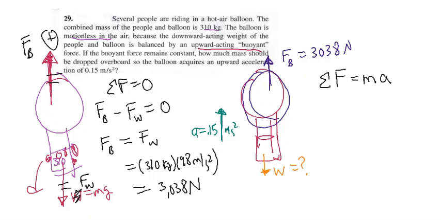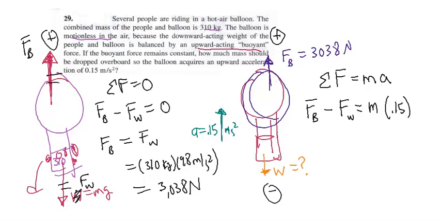Now instead of the forces being balanced, the forces are unbalanced. Up is still positive, down is negative. So the buoyant force minus the weight equals m, which we don't know, that's what's tricky, it's not 310 anymore, times a, which we do know.